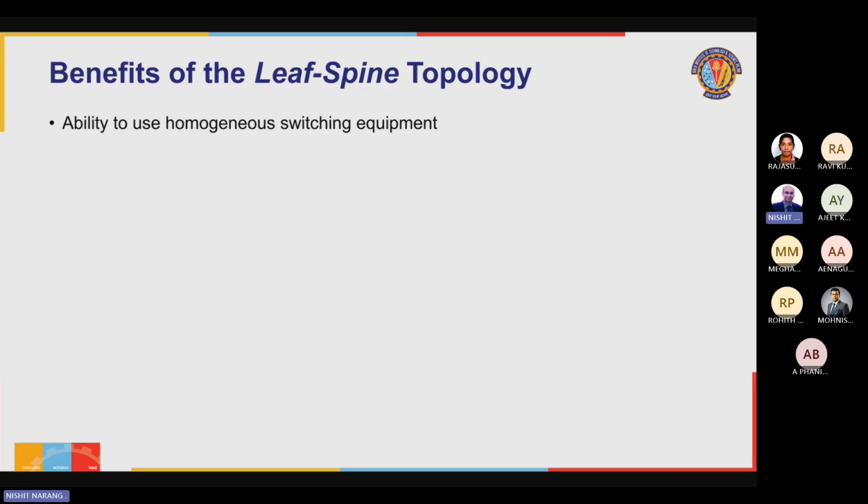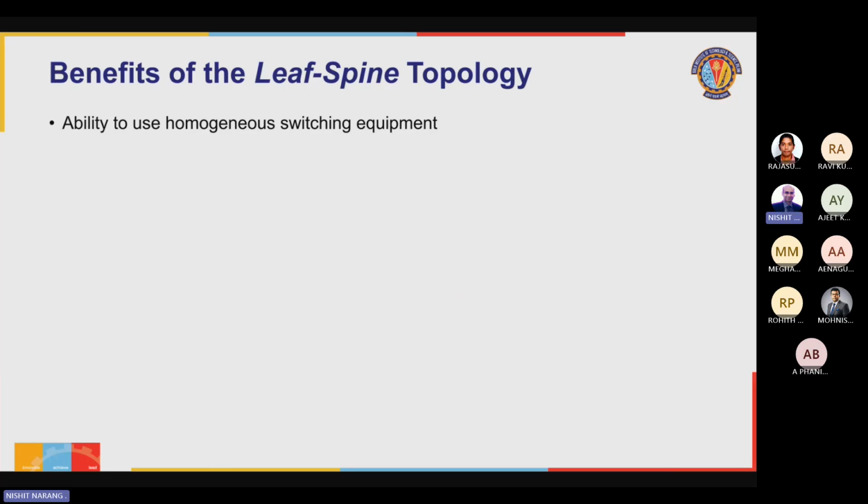If you have a failure, you don't have to think of, do I need to replace this switch with a type A switch, type B switch, type C switch, type D switch? They're all of the same type. I just go to my repository of spare switches, get one from there, replace it with the failed switch. So easy to manage a network where you have homogeneous switching equipment.